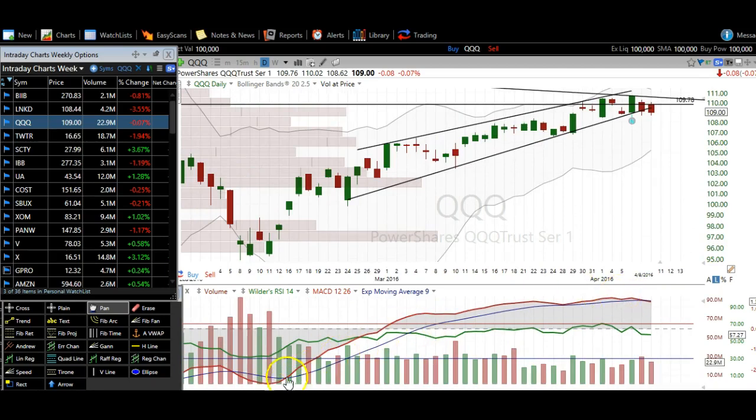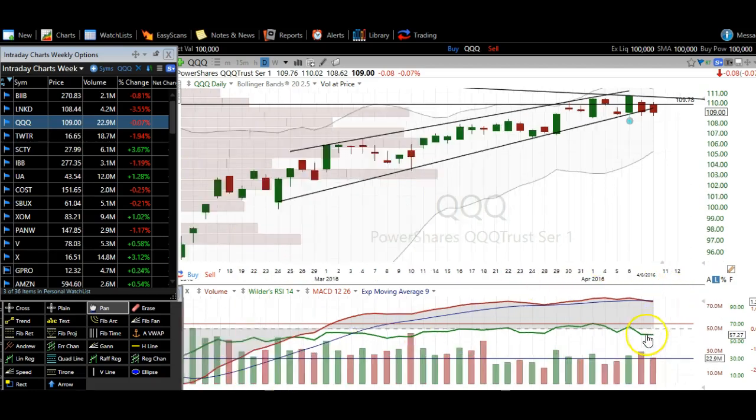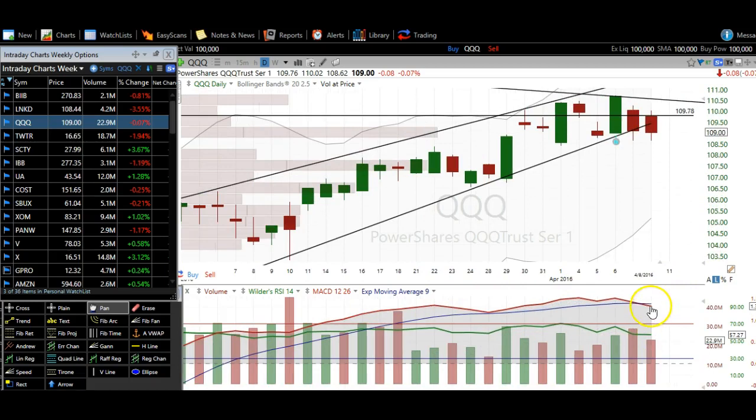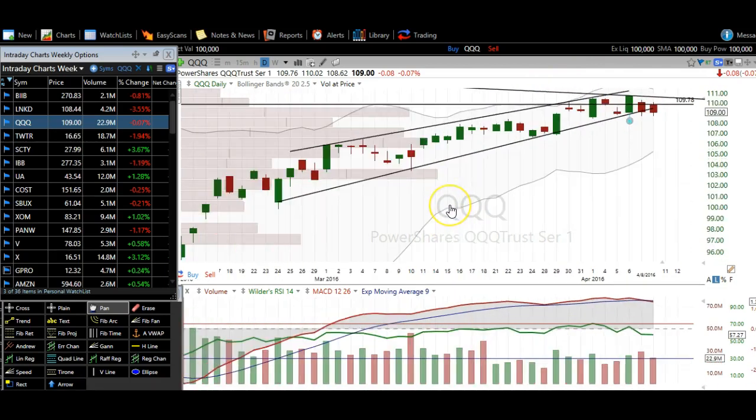We had a bull cross over here on the MACD when we made this low over here, and we have not seen a bear cross since before that. Okay, so we broke below that trend line. We got rejected at this trend line as well as the 110 resistance. Looks to me like the Qs are heading lower.